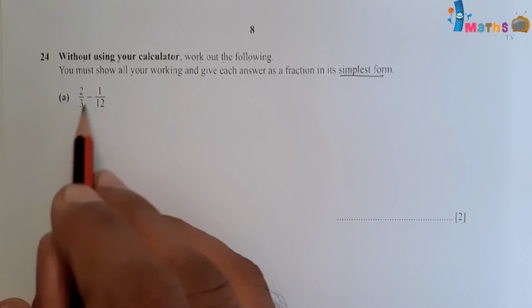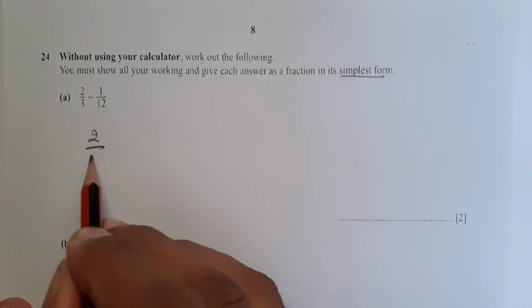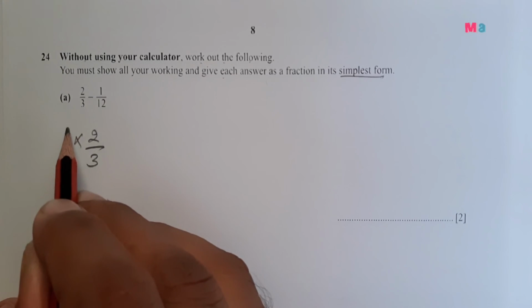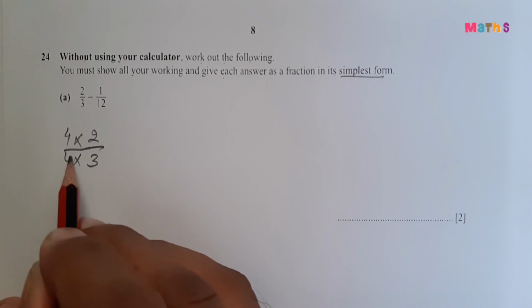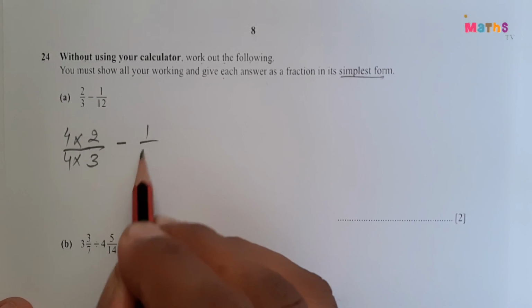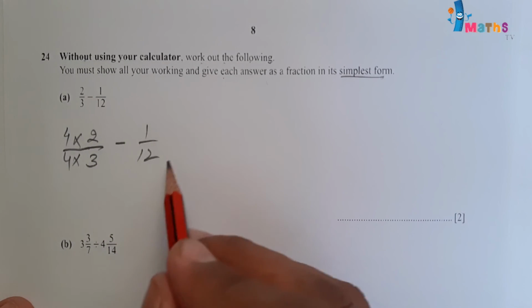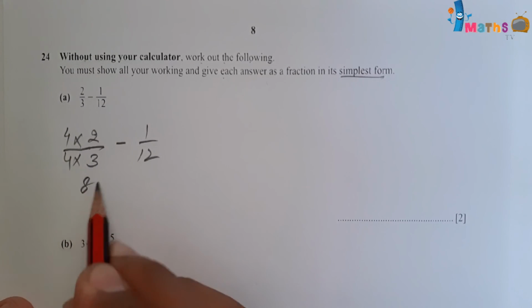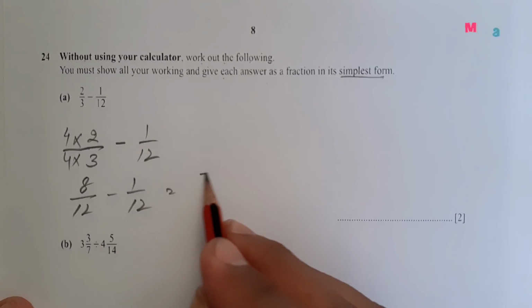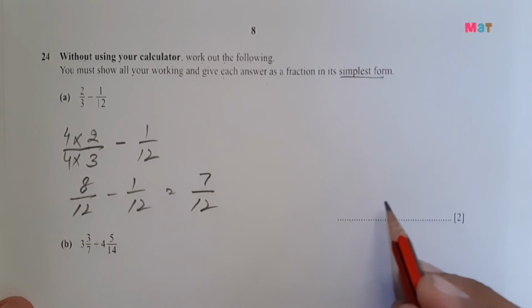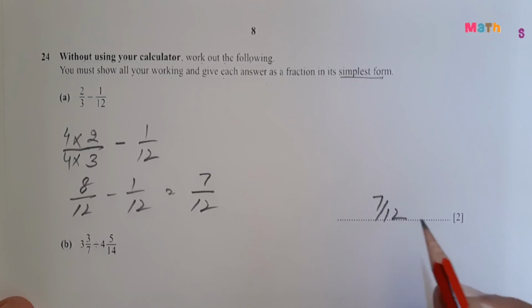We'll equalize denominators by multiplying both numerator and denominator by 4, minus 1 over 12. So this will be 8 over 12 minus 1 over 12, which is equal to 7 over 12. So our answer will be 7 over 12.